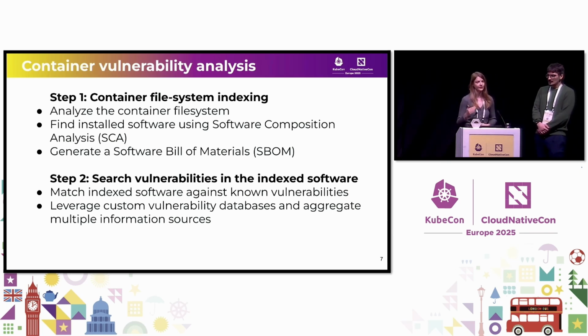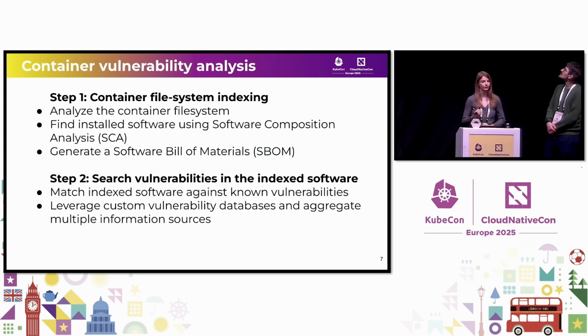At the end of this process, they will generate a software bill of materials, or SBOM, that is a list of all the components and packages running in that container. Then the second step is to search for vulnerabilities in this software. They will match those packages against a base of known vulnerabilities, and typically they leverage custom online sources and aggregate them together.